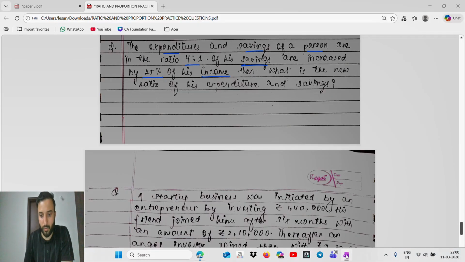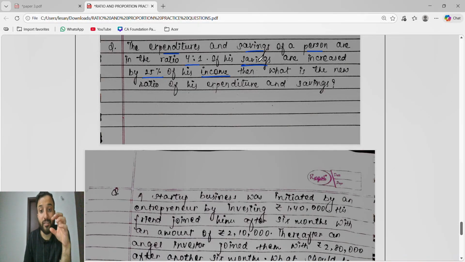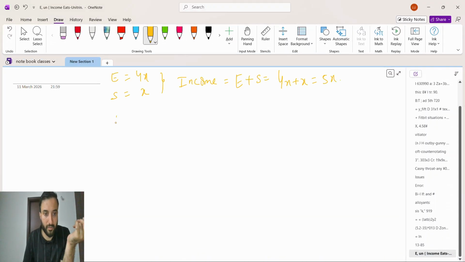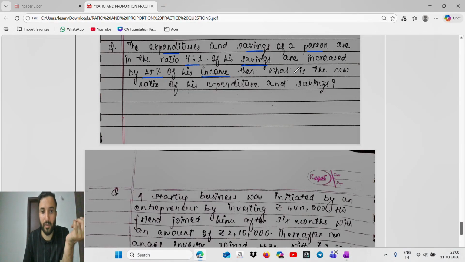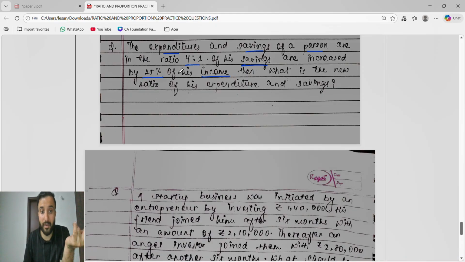Okay, now coming to the question, they said if his savings are increased by 25% of his income. Savings are increased means we will write increase in savings.